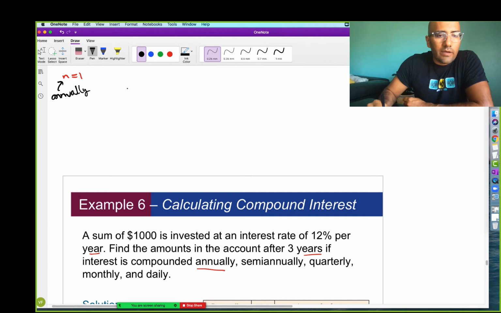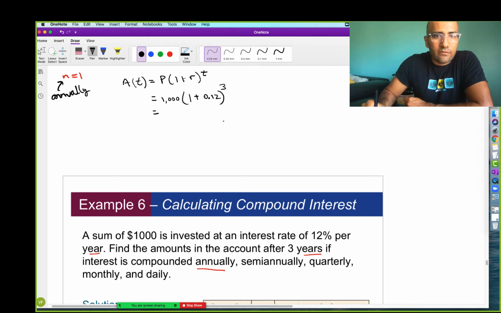Annually. Okay, so then our formula says that A of t is equal to the principal times 1 plus the rate to the power of t. So for us, that's going to be equal to 1,000. Principal was $1,000. 1 plus the rate, which is turned into 0.12, to the power of 3, which is 3 years.